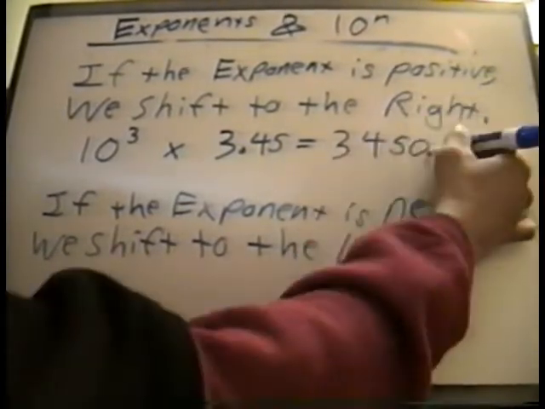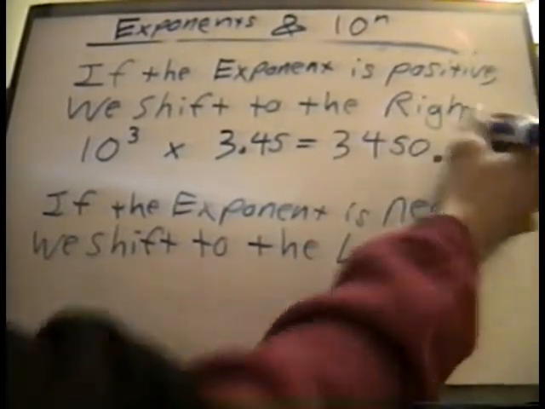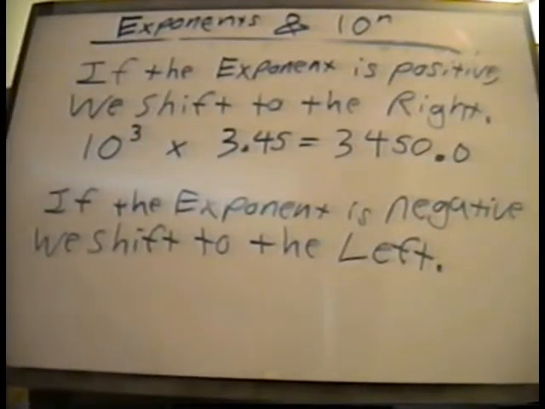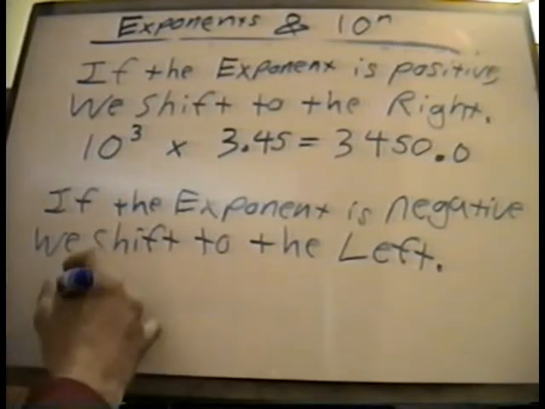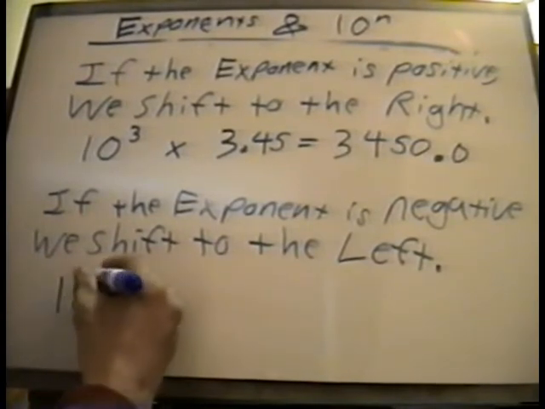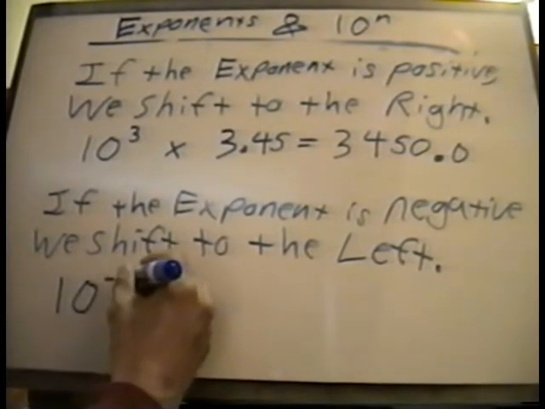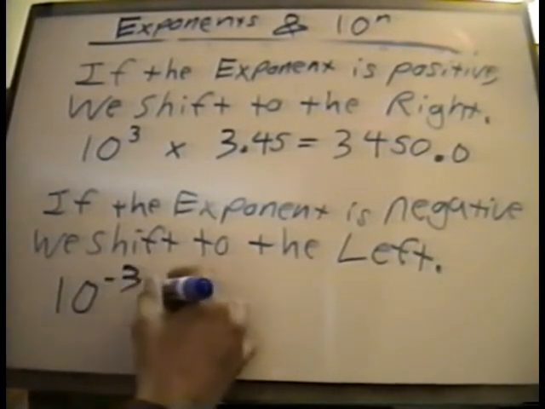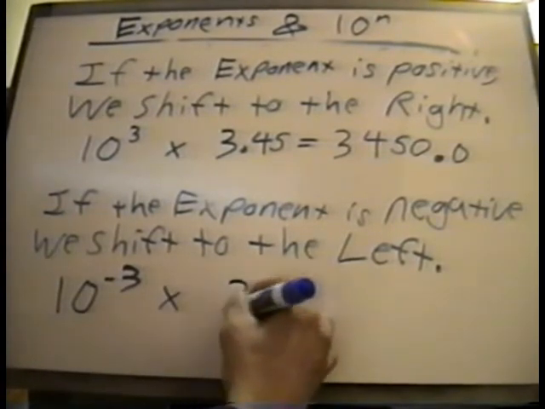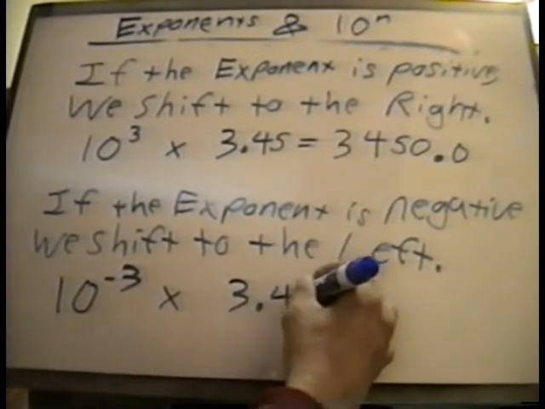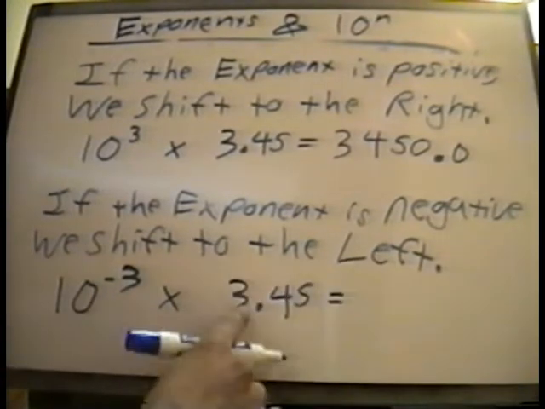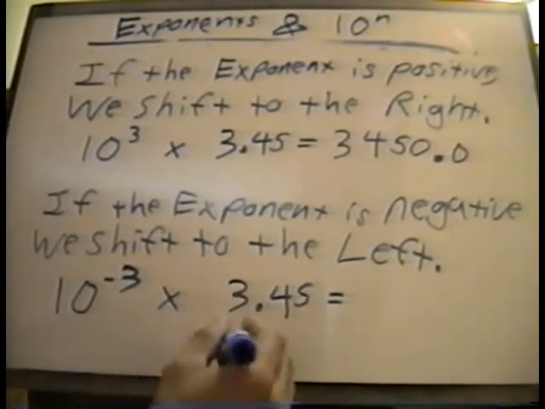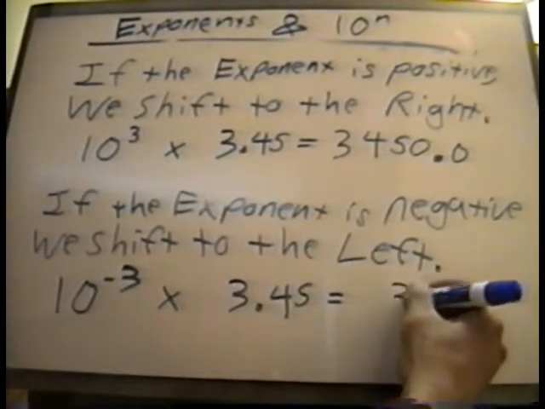Now, if the exponent is negative, we shift to the left. If we have 10 to the power of negative 3 times 3.45, we're going to shift that 3 times to the left. So 1, 2, 3.